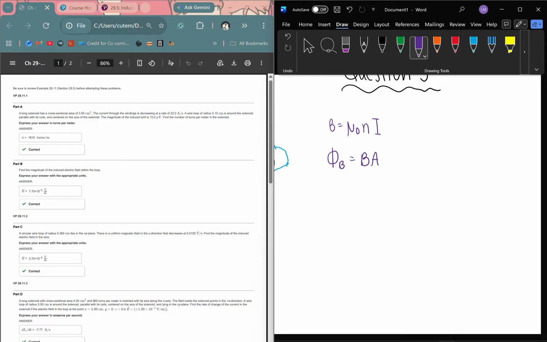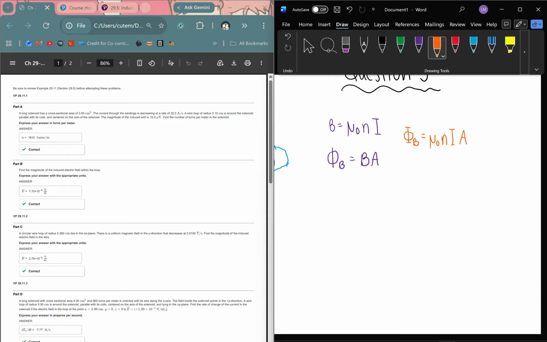So we have to substitute the magnetic field equation: this B right here we substitute into this equation to make a new equation. So the magnetic flux equals mu naught times the number of turns, the current, and the area, the cross-sectional area of the solenoid.